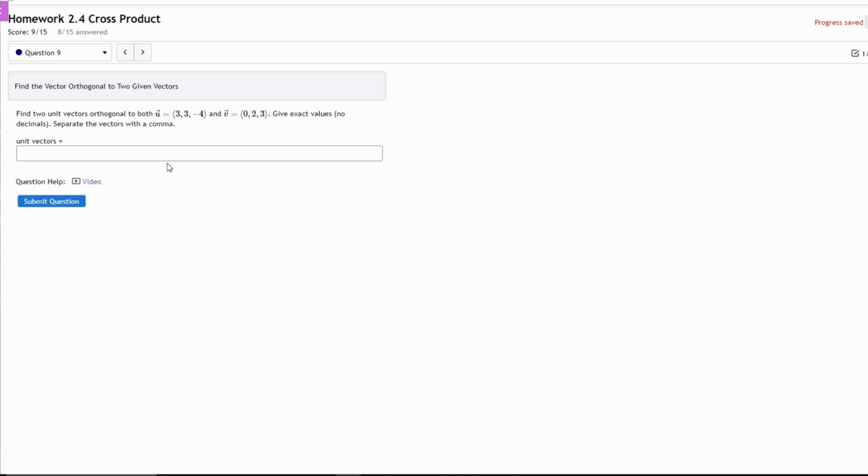After that, you want to find its unit vector. It's quite simple, and it says two unit vectors. I'll show you what that means. I like to call it just the plus or minus, because it's the same perpendicular vector in magnitude, just going in two different directions.